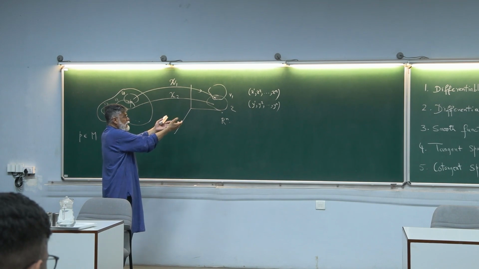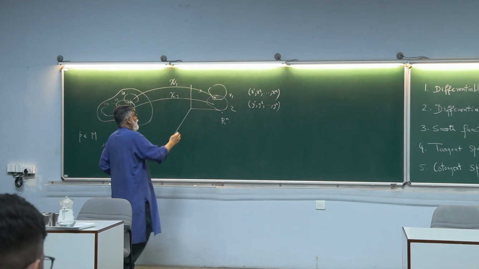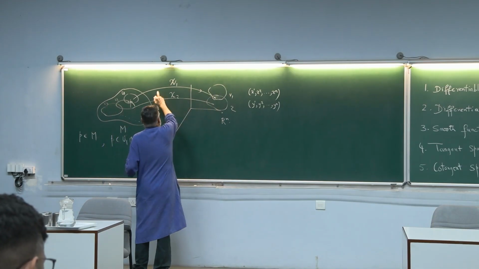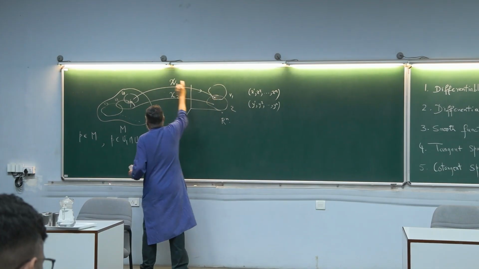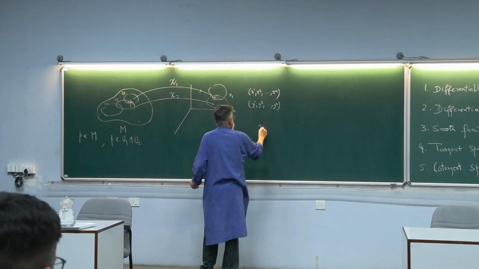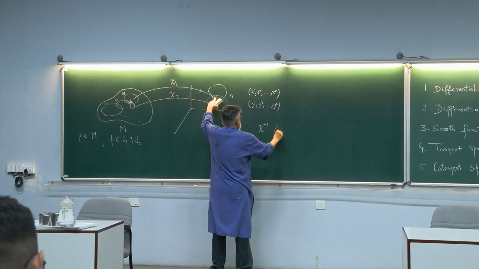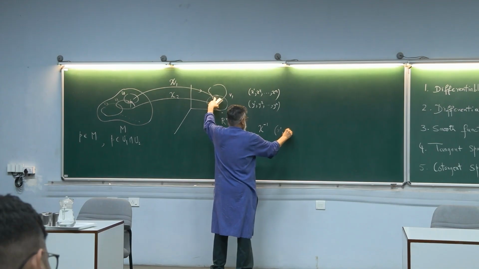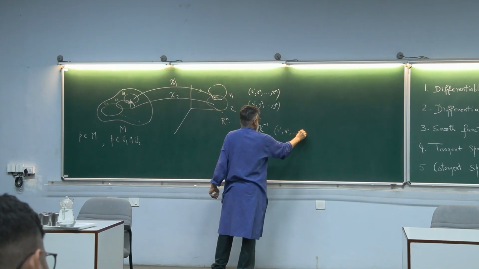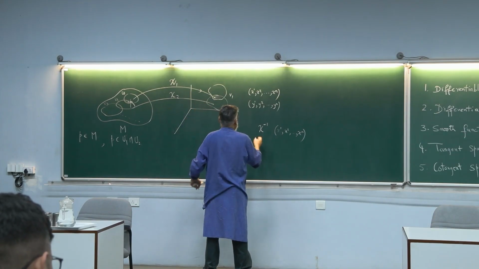Obviously, there is a relation between the yi's and the xi's. What is the relation? It is very simple, because chi1 inverse acting on this point gives P. So, chi1 inverse of this point takes me back to that point P, and chi2 acting on point P, composition.